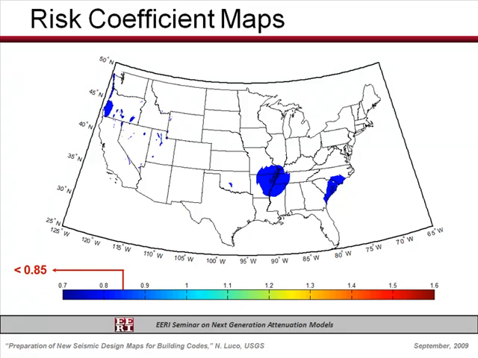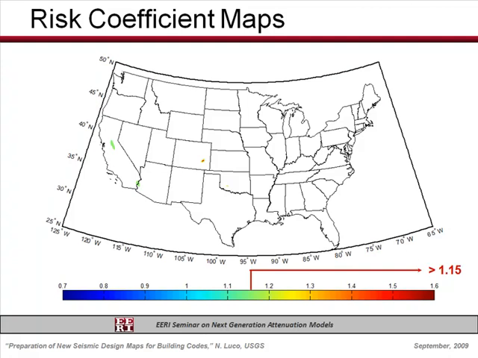And the main areas are around Memphis in the New Madrid seismic zone, so that's why I chose that location. Around Charleston, South Carolina. There's also a bit around coastal Oregon where the risk coefficients are less than 0.85. And then the San Francisco location that I used, as well as Seattle, they're not less than 0.85.